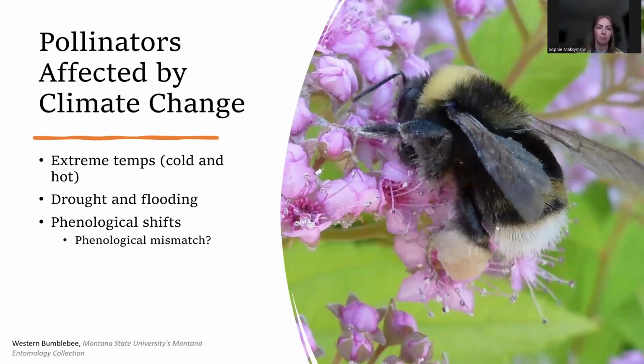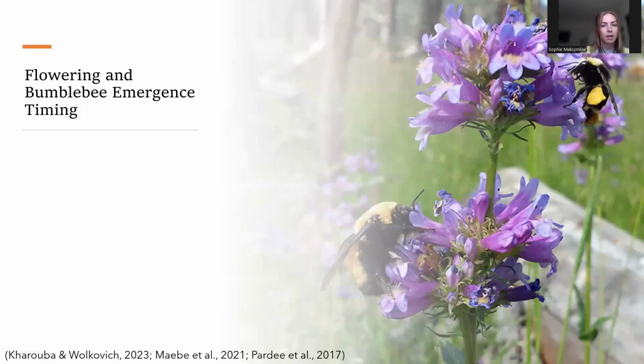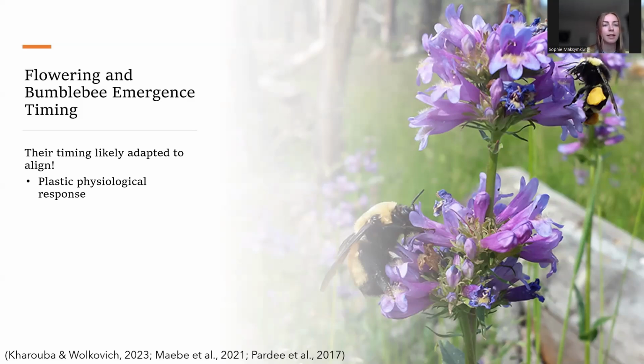This term phenological mismatch and this deeper level content is added as an extension within the high school module, but for everyone else, don't worry about it. Specifically within bumblebees and plants, their timing likely adapted to align due to their plastic physiological abilities. So this is why it could add a layer of confusion for students, because not all pollinators are causing a phenological mismatch, only some, and it could be due to something else.